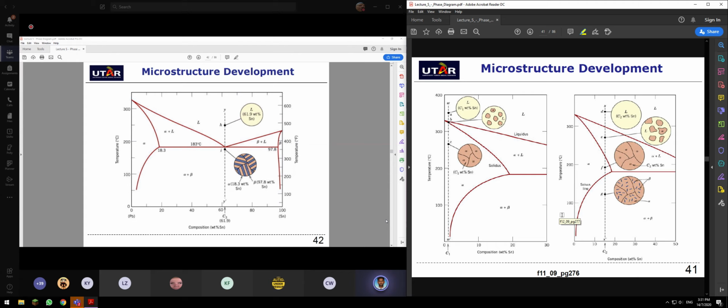What is the interest in finding alpha and beta composition in a solid mixture when you already know the composition of tin? This is important for heat treatment. You want to find at what temperature heat treatment can occur, because all these changes the microstructure of a material.